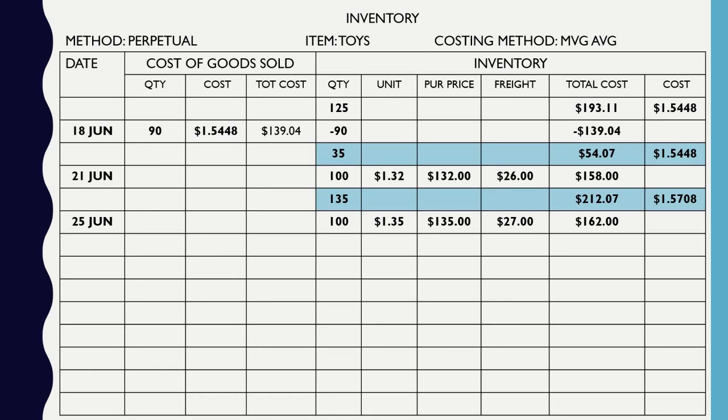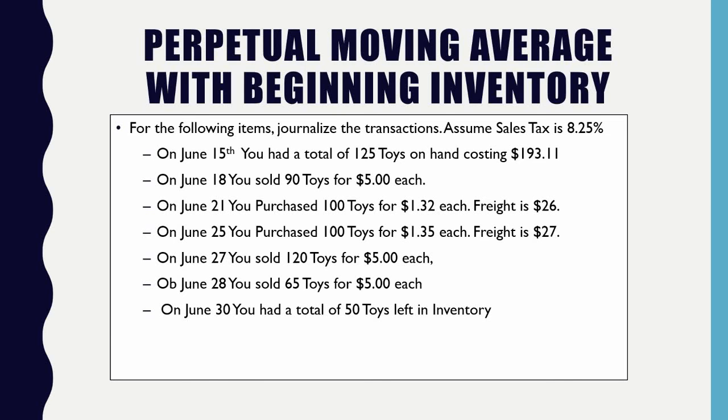And of course, once again, I need to recalculate my average cost by tallying up my total. So now I have total goods available to sell, 235 units at a grand total of $374.07 at an average cost. So in this case, for every item I sell, it's going to cost me $1.5917. Okay? Right? So let's see what happens next.